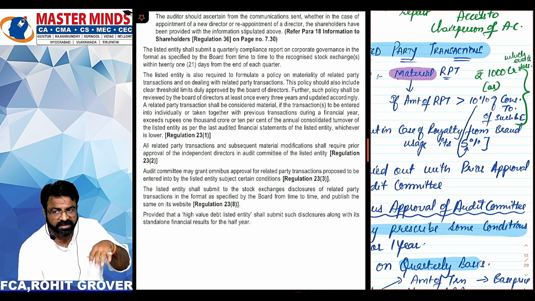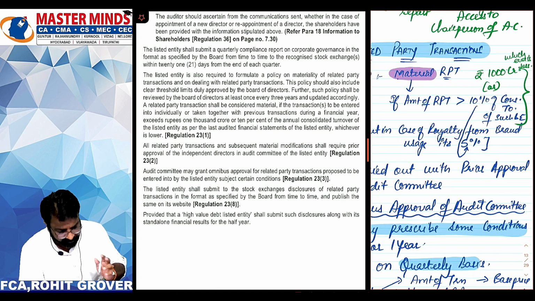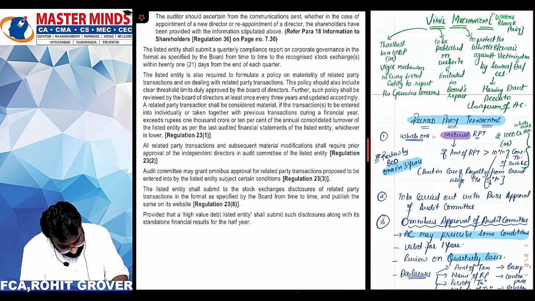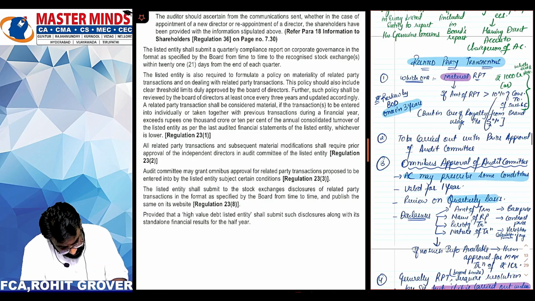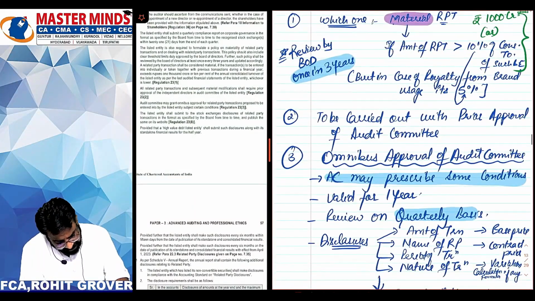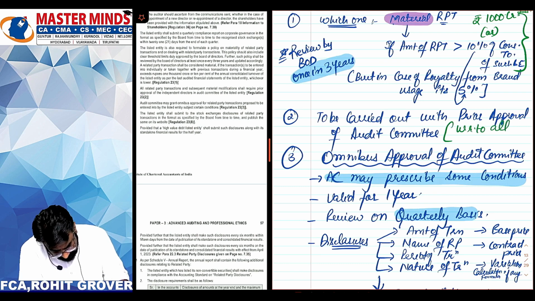It means the remaining one third of the audit committee who are non-independent directors, if they won't give you the approval, then it doesn't matter. Whose approval matters? Independent. So that is also one of the points. So एक काम करो, to be carried out with the prior approval of all independent directors. अच्छा ये second point लिखा हुआ है ना?